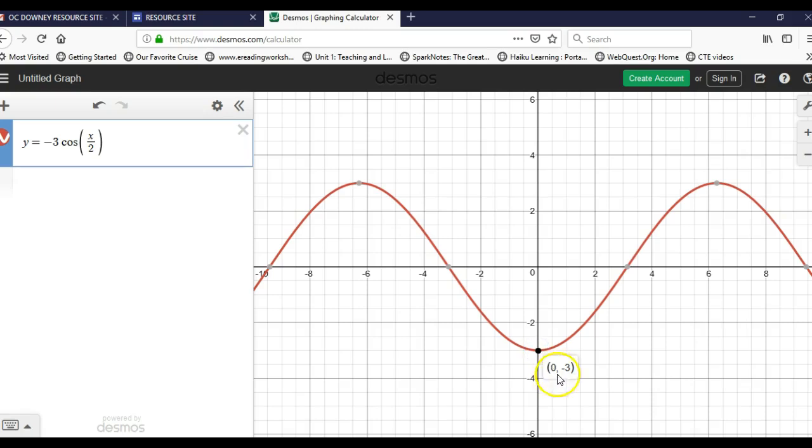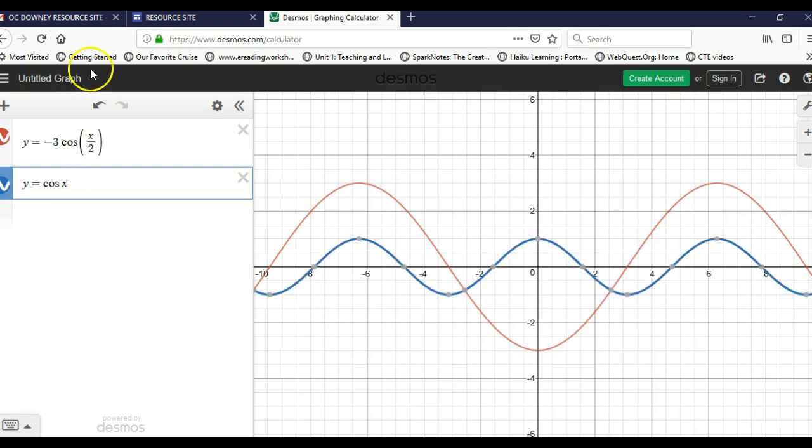So we get 0, -3. You notice that cosine usually starts on the top and works its way down. Here it starts on the bottom. So I'm guessing it reflected if I wrote my parent function, hopefully in a different color. And notice if I don't want to use the keyboard, I could just type in cosine. Notice how it's a reflection over this axis here, which is, I believe, our x-axis.